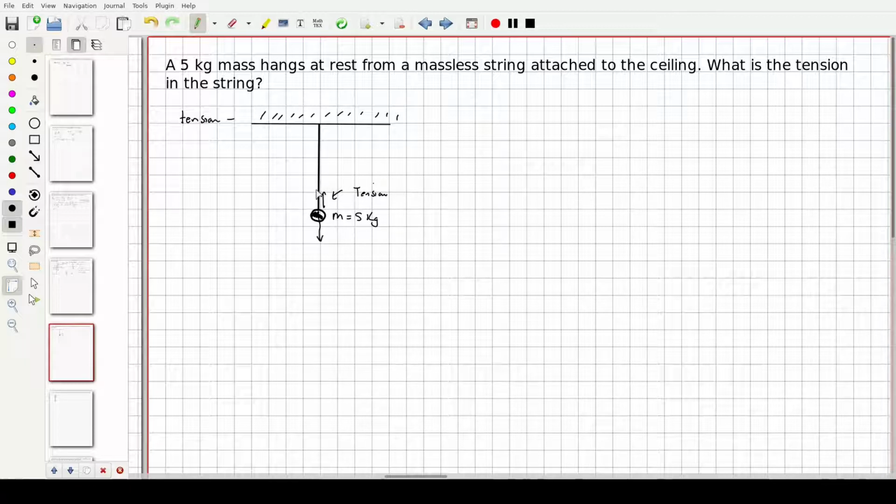Now, were I to grab the rope or the string here and lift with my hand, ignoring the mass of the string, I would be lifting 5 kilograms.